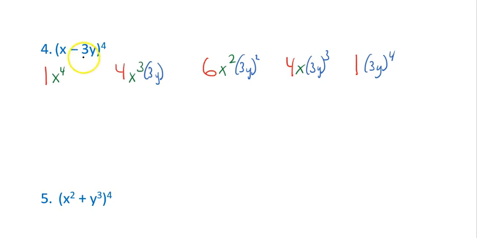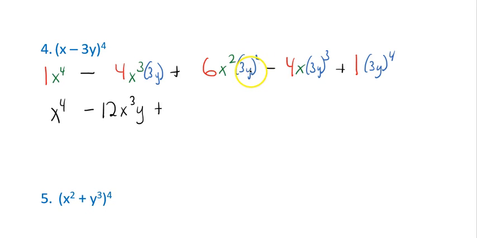Then your signs, because this was a minus, would have been minus, plus, minus, plus. At this point you can check your powers and then simplify. So I have x to the 4th minus 12x cubed y. Don't forget to square the 3 and the y here.